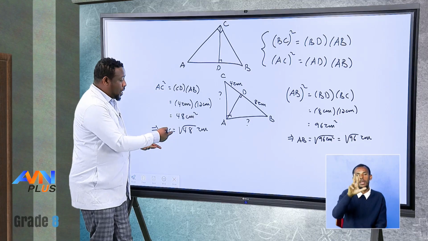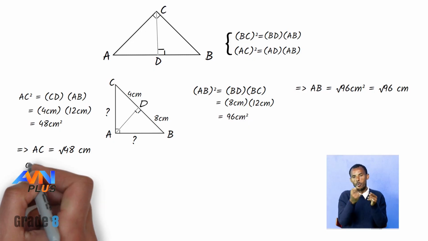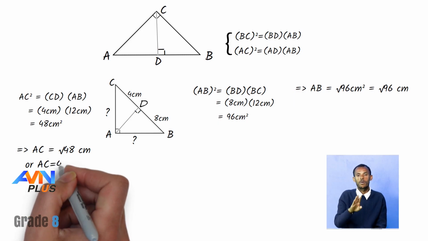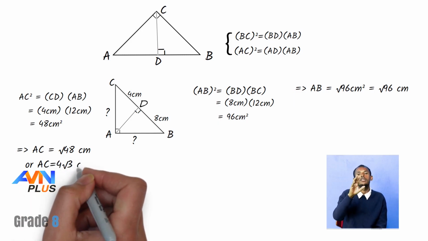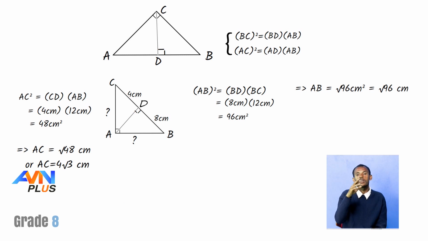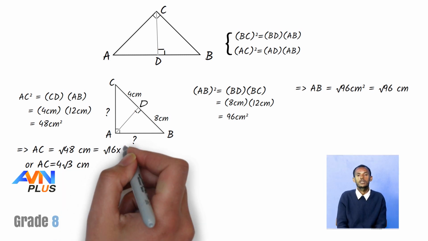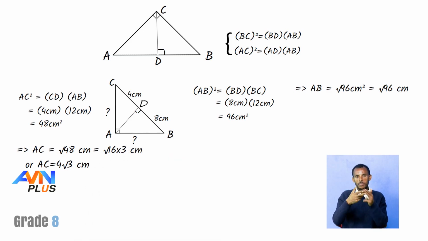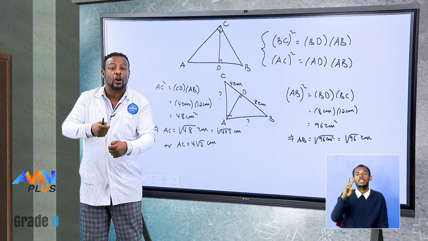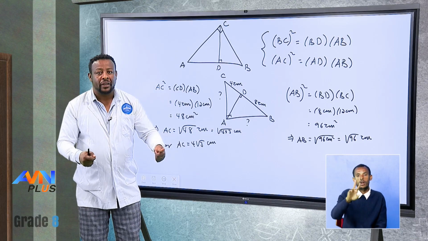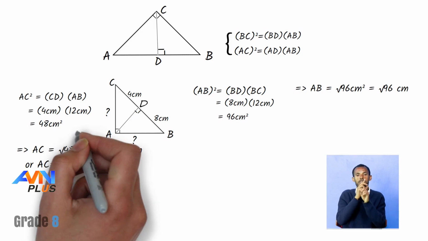So the other way of writing this answer is AC equals 4 radical 3 centimeter. 16 can be taken out from the radical, so it becomes 4 root 3. This can be the answer.